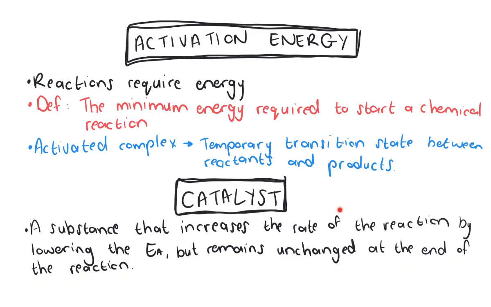But very important, your catalyst is not used up in the reaction and it doesn't change your delta H. It only changes your activation energy. It just lowers your activation energy so that your reaction requires less energy to take place, so your reaction happens faster.